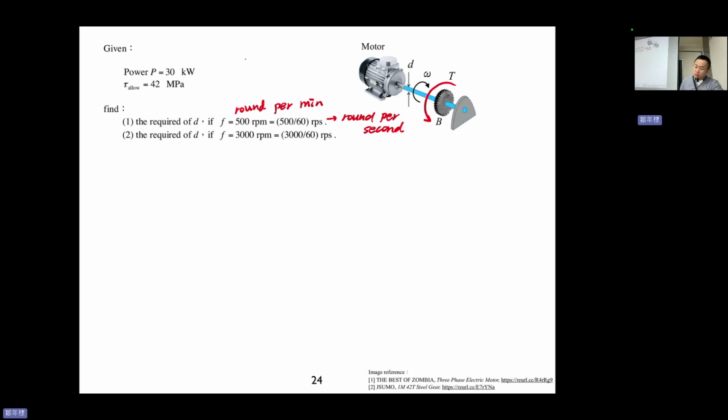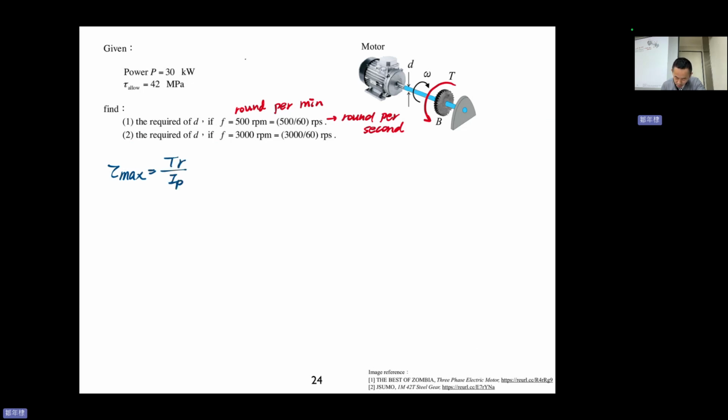There are 2 problems in this example. The first one is 500 RPM, the other is 3000 RPM. So you can see that the frequency increased in the second problem, and we need to design the shaft, otherwise it will break. So tau max equals TR over IP, right?